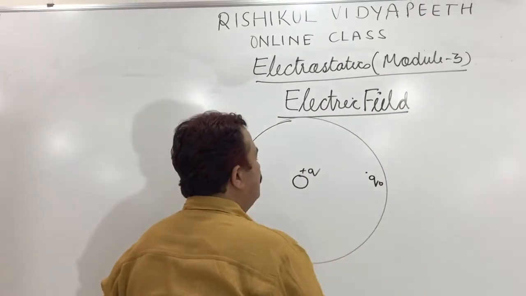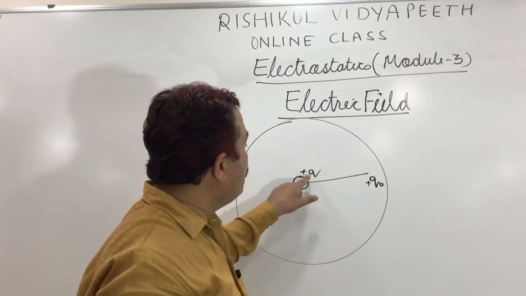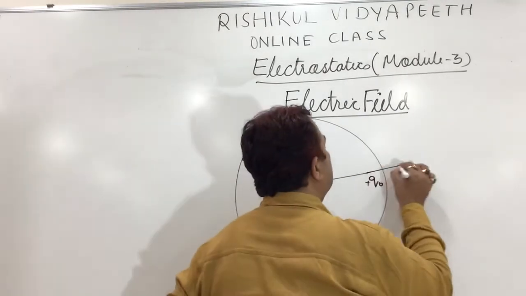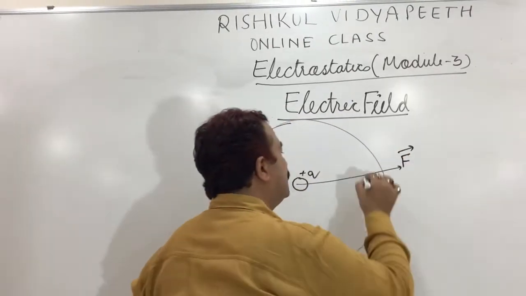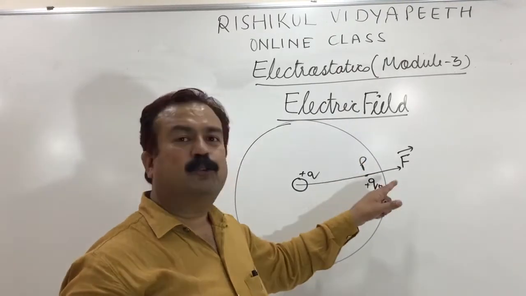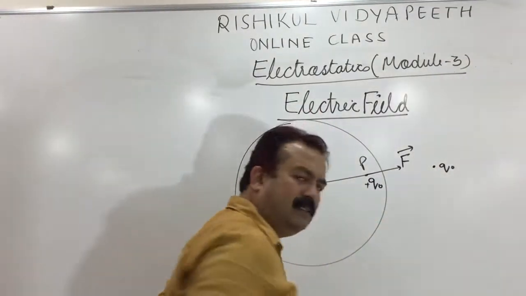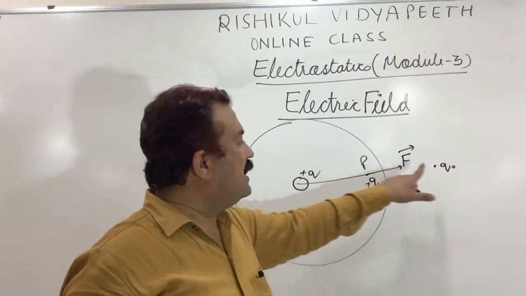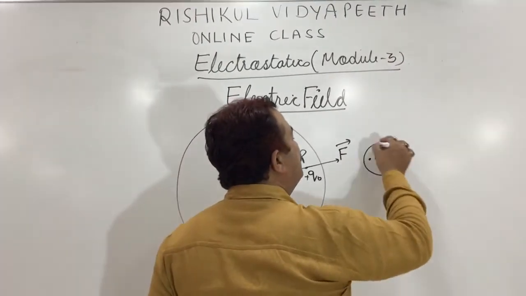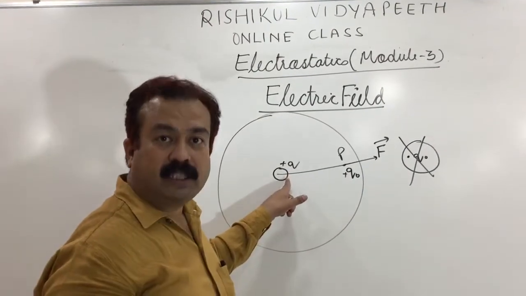Here this is positive q charge and this is positive q naught charge. So here this positive q charge is applying force of repulsion on this test charge. So here at point P, let's say that positive test charge is present, it is experiencing the force of repulsion. But if the test charge is present here and is not experiencing any force exerted by the point charge, then we can say that in this condition this test charge is out of the electric field of the source charge.